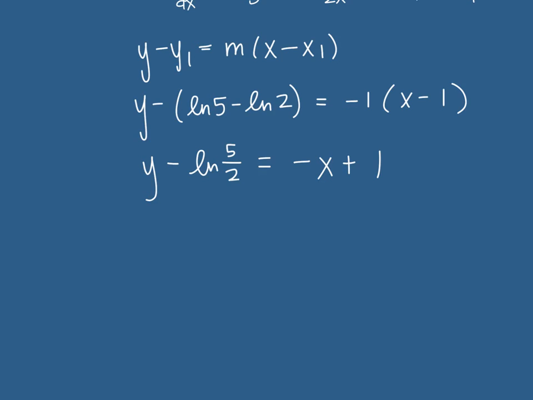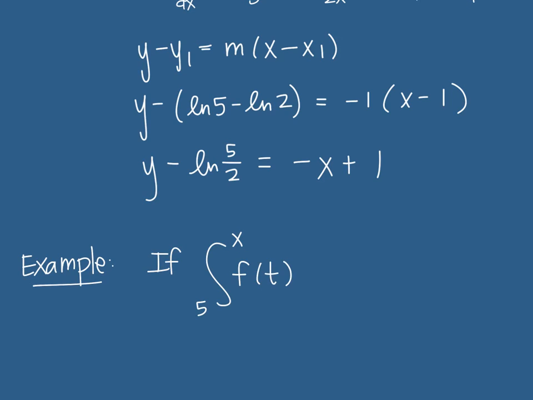Okay, last one. If the integral from 5 to x, so as soon as you see that, you're like, oh, part 2 of the fundamental theorem, of f of t dt.